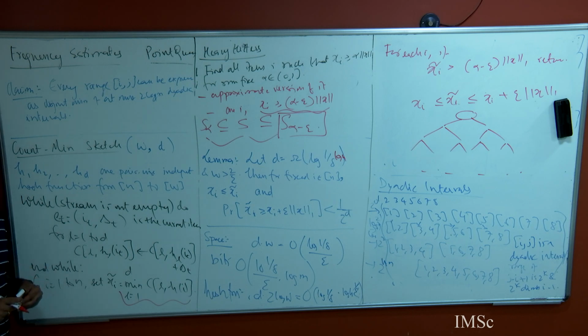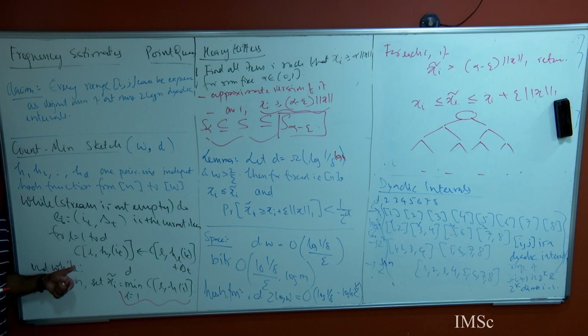So think of this, forget about alpha and x. Suppose this was m and I want to output all the elements with frequency more than m by k. How will I do it?